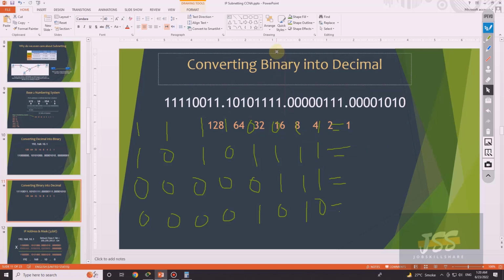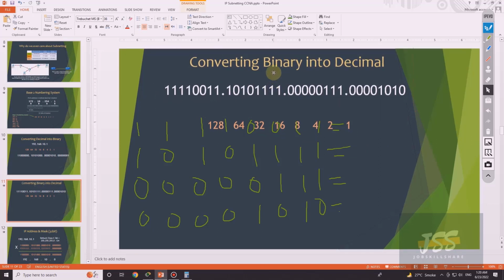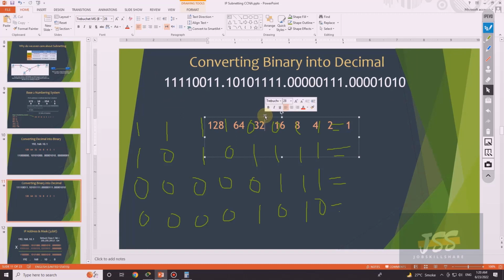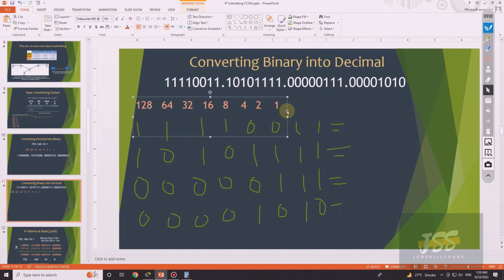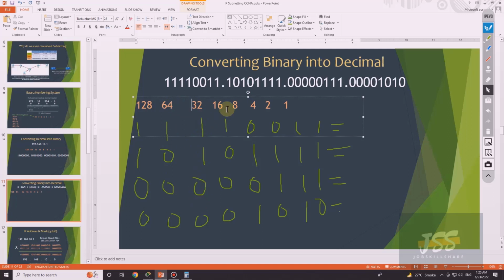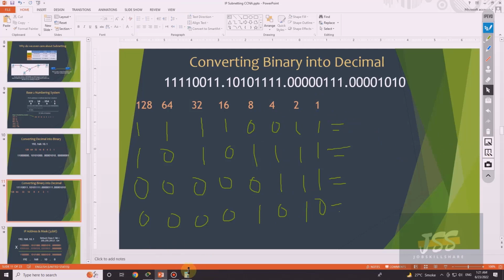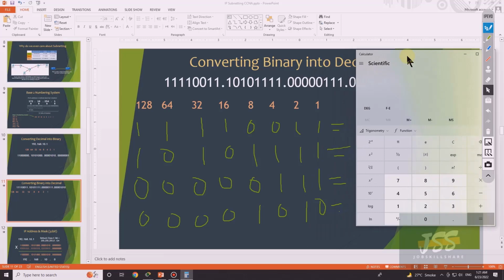I will move this a little bit up so we can have a very clear idea which bit is on. So we have this 128, this 64, this is 32, this is 16, this is 8, 4, this is 2, and this is 1. So this is much better.